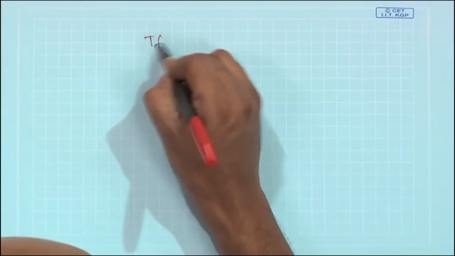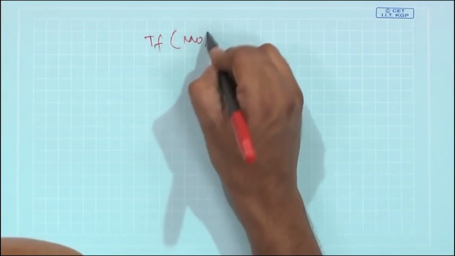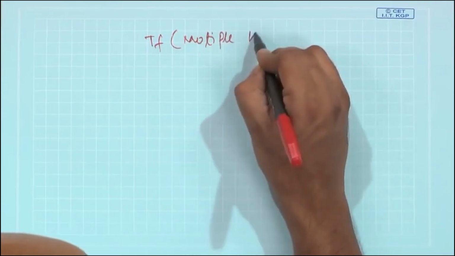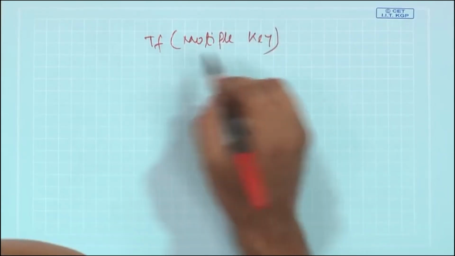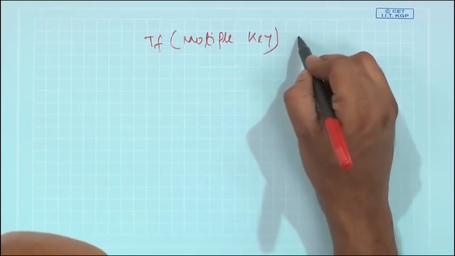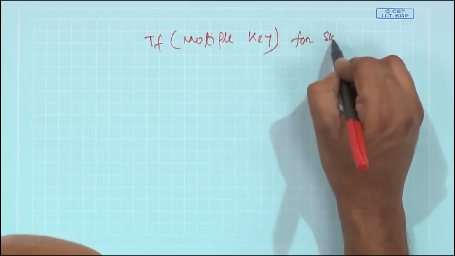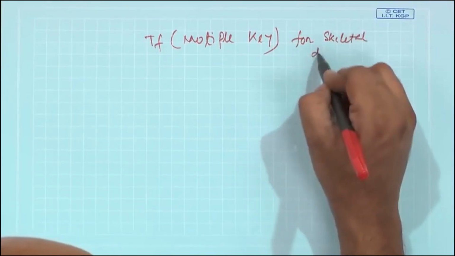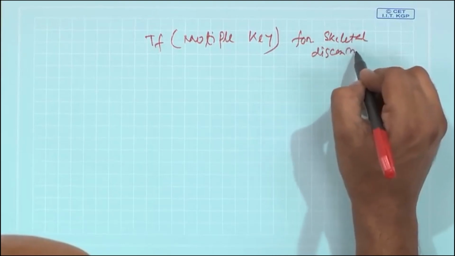So, you have to do it, and once you have done it, you can find that there are two intermediates we are talking about, and the transformation we are looking at is a combination of several transformations. So, the approach we use is based on multiple key transformations for a skeletal disconnection.